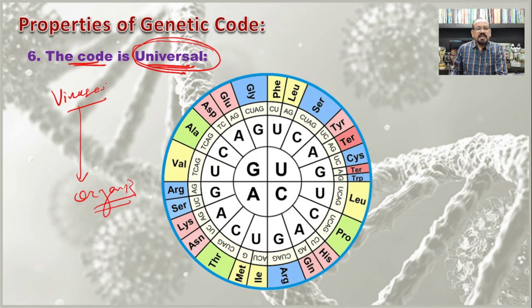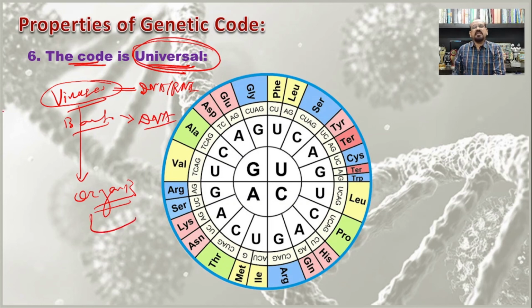So, it means that in the viruses also there is the presence of DNA and RNA as the genetic material. From bacteria onwards, the genetic material is present in the form of DNA, and the same thing is in the higher organisms, in plants as well as the animals.